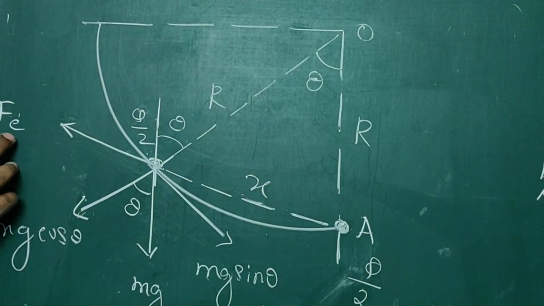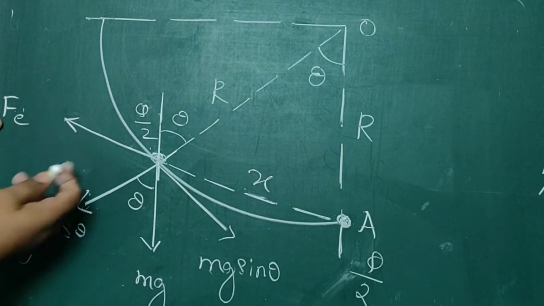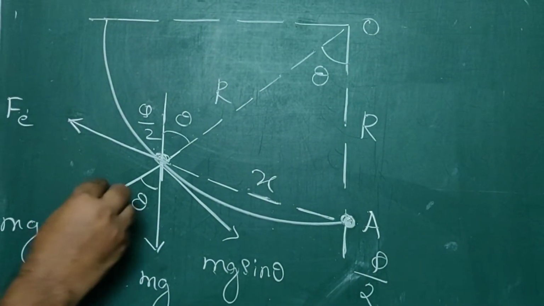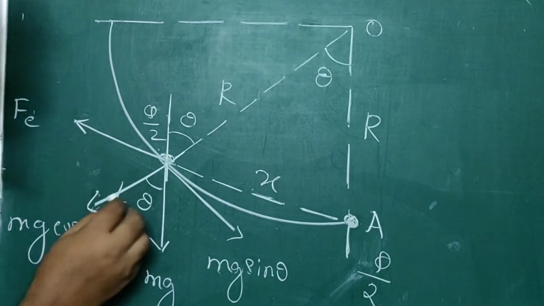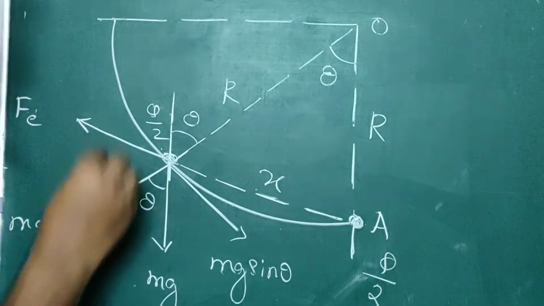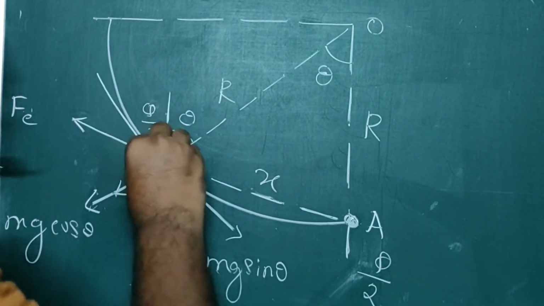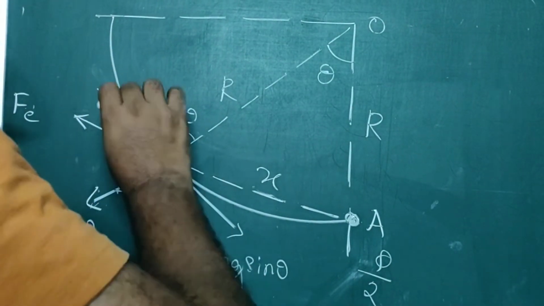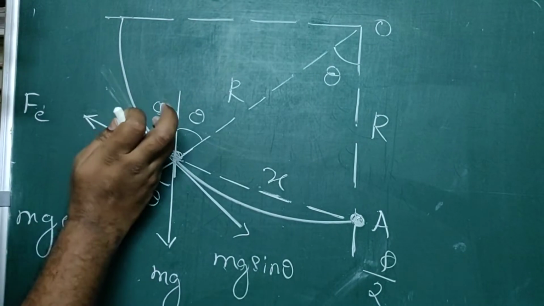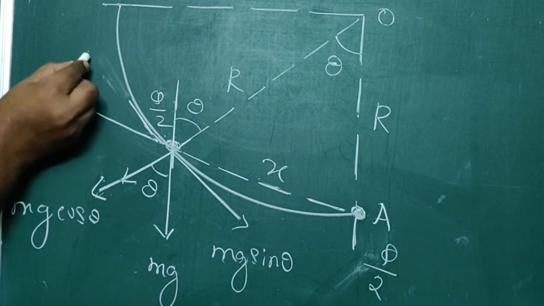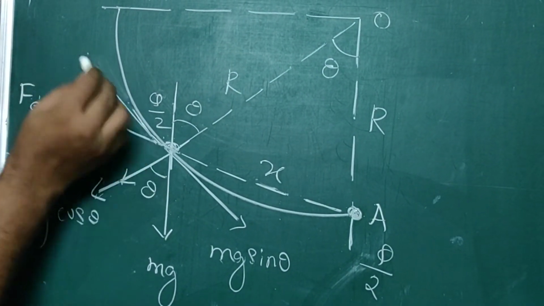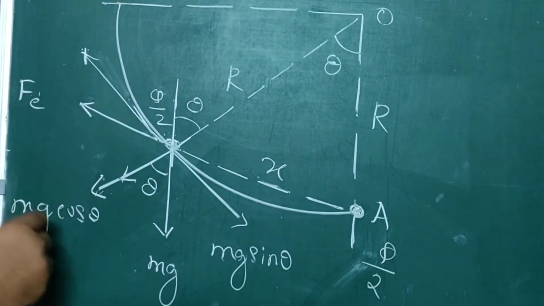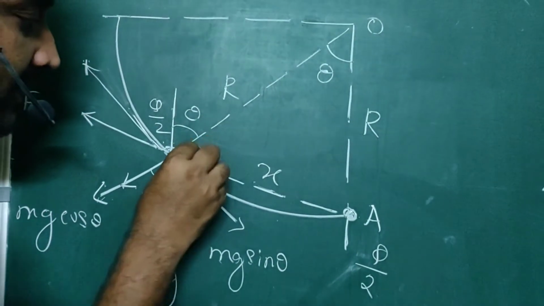Now I can resolve this electrostatic repulsive force into two components, one along this direction and one along this direction. Before that, I'll call this angle alpha.